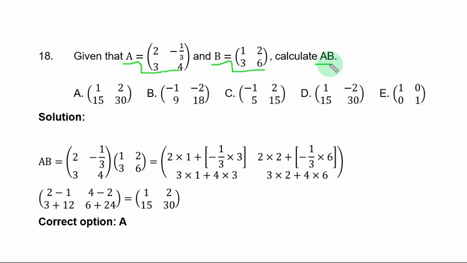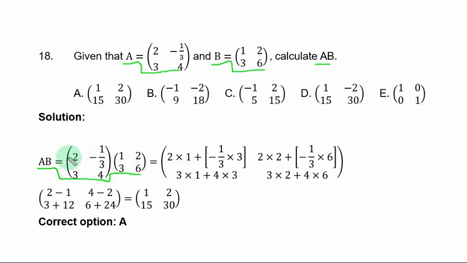That is A times B. For you to multiply any two matrices, you must understand that the number of columns in the first matrix is equal to the number of rows in the second matrix. That condition is satisfied. So you have AB equal to matrix A times matrix B.